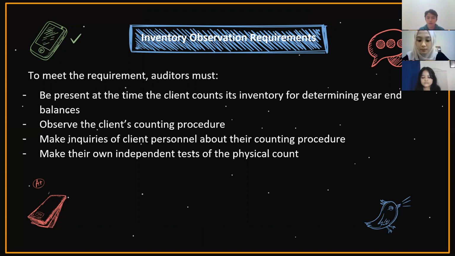To meet the requirement, the auditor must, first, be present at the time the client counts its inventory for determining the year-end balance. Second, observe the client's counting procedures. The third one is make inquiries of client personnel about their counting procedures. And the last, make their own independent tests of the physical count.